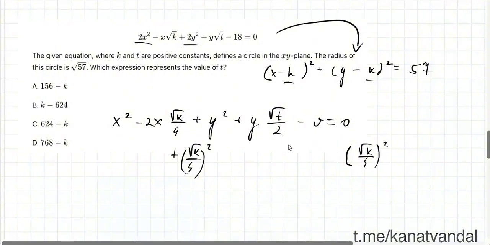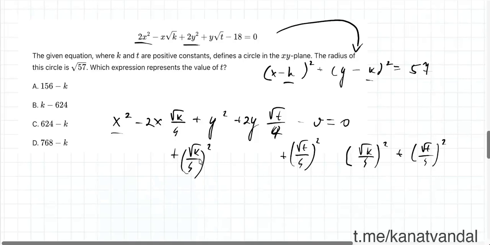And this way we approach completion of the square. Let's do similar steps with the y. I multiplied by 2, I divided by 2 and get 4 so that nothing is changed. And it makes it clear that I may add square root of t over 4 squared and do the same on the right. What I see here is x squared minus 2x square root of k over 4 plus square root of k over 4 squared.